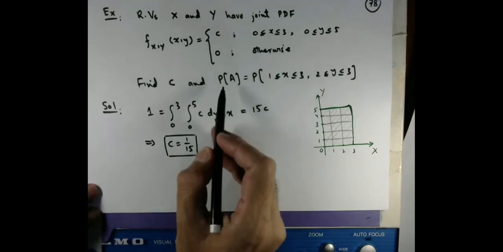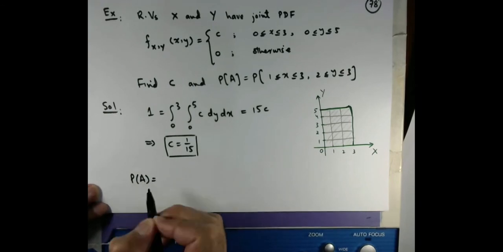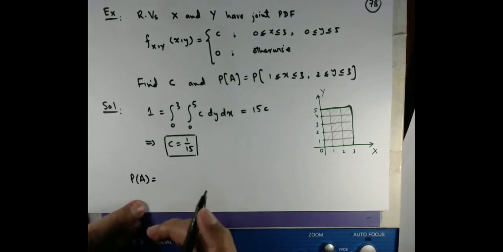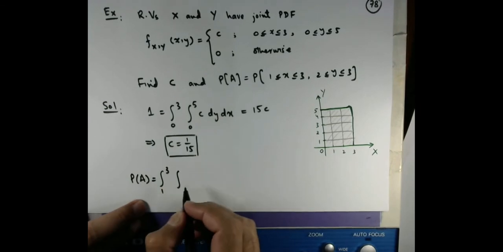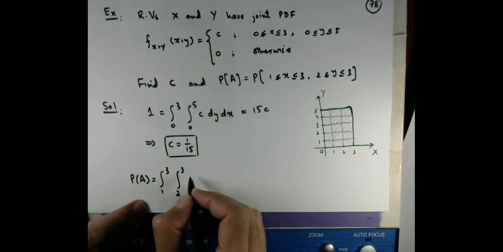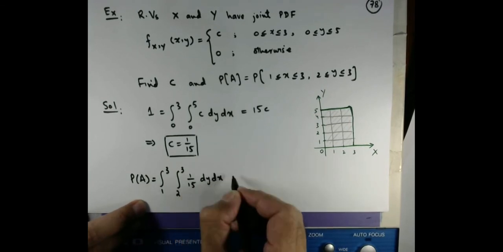In the second part, we need to find the probability of this event A. So the probability of event A basically is integral 1 to 3, and then from 2 to 3, 1 by 15 dy dx.